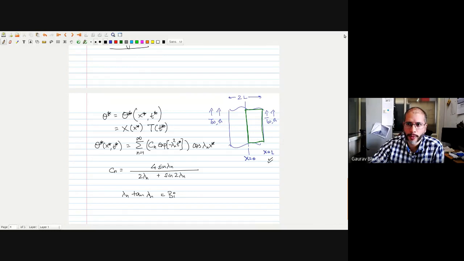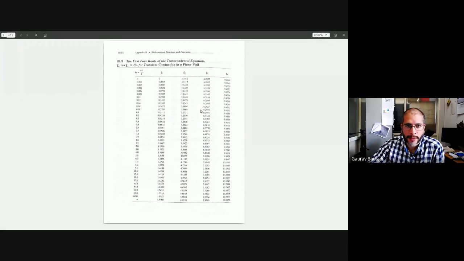I can show you an appendix from the book, so what you see in front of you is the tabulated solution for different values of the Biot number. You have the first 4 eigenvalues, that is lambda 1, lambda 2, lambda 3, and lambda 4.